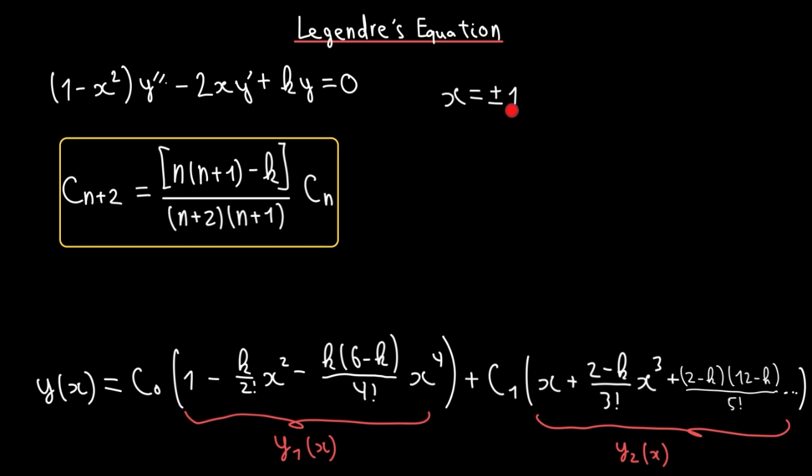The way we can make our series solution converge is by getting rid of one part of the solution, so either y1 or y2, by setting the corresponding constant c0 or c1 equal to 0. And so for example, if I set c0 equal to 0, we will only get y2 as a solution.